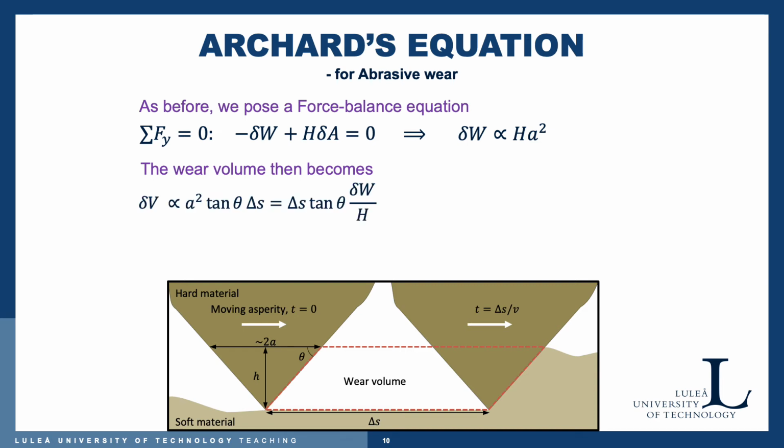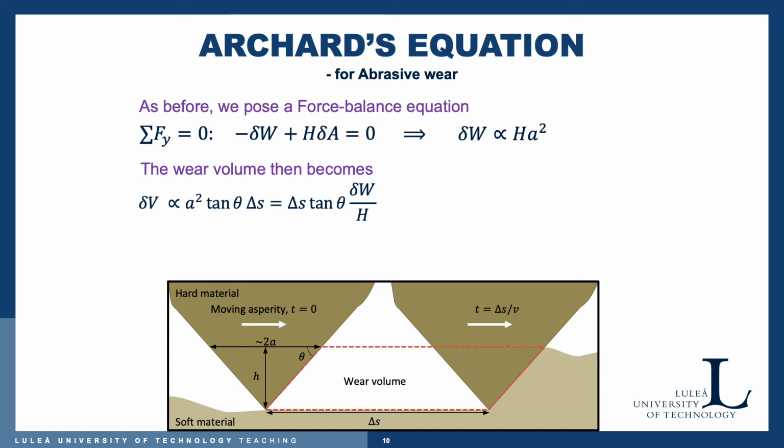The wear volume can then be formulated through the use of the angle theta. So delta V, the small wear caused by sliding this asperity a distance delta S, is just proportional to a squared times the tangent of theta times delta S.